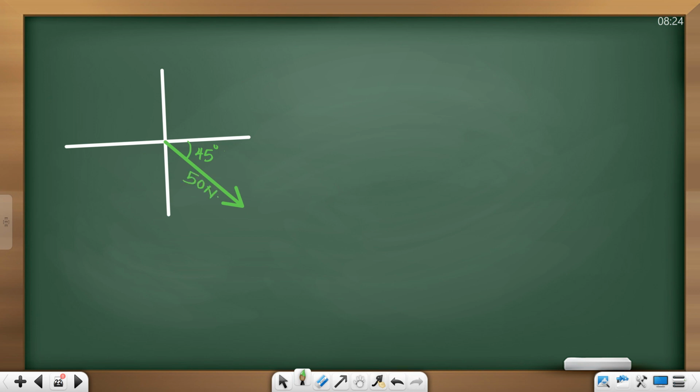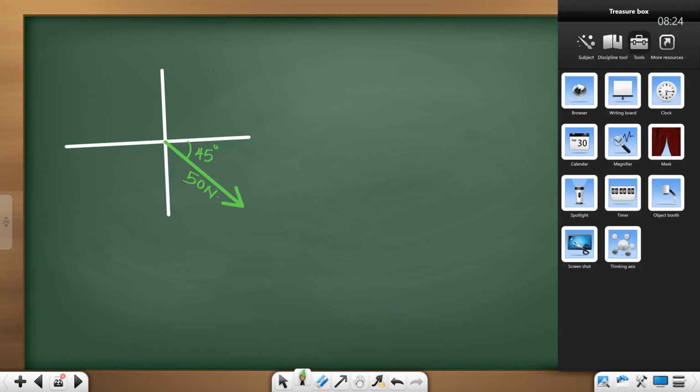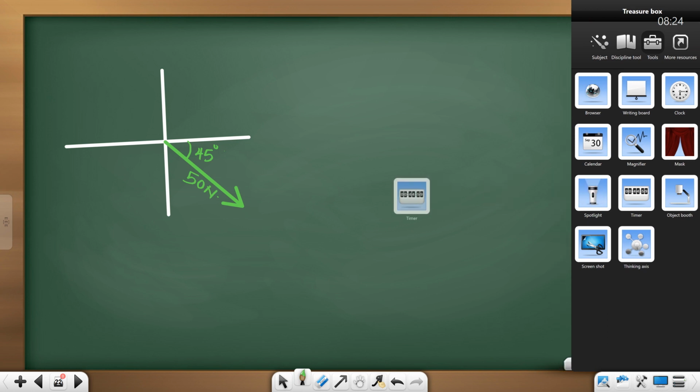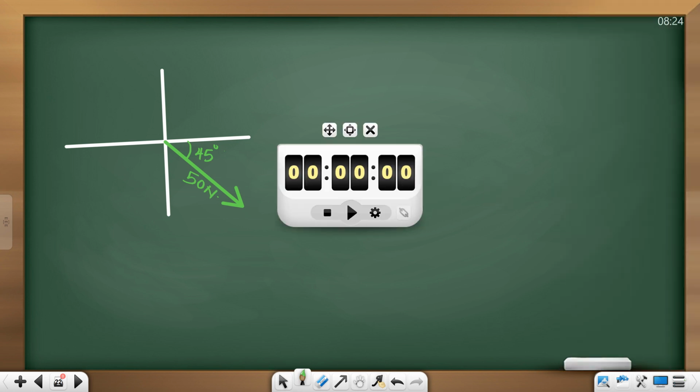All right. Find the vertical and horizontal components. Let's give a time frame of 5 minutes. It will be shorter once we know what we're doing. Find the vertical and horizontal components. Let's make that fast.